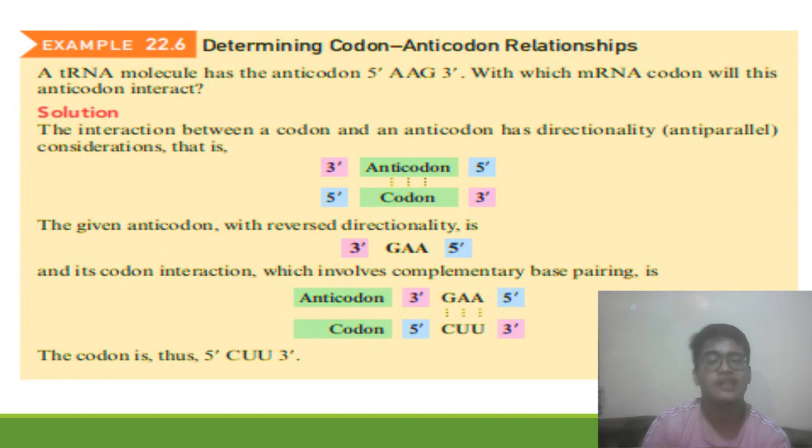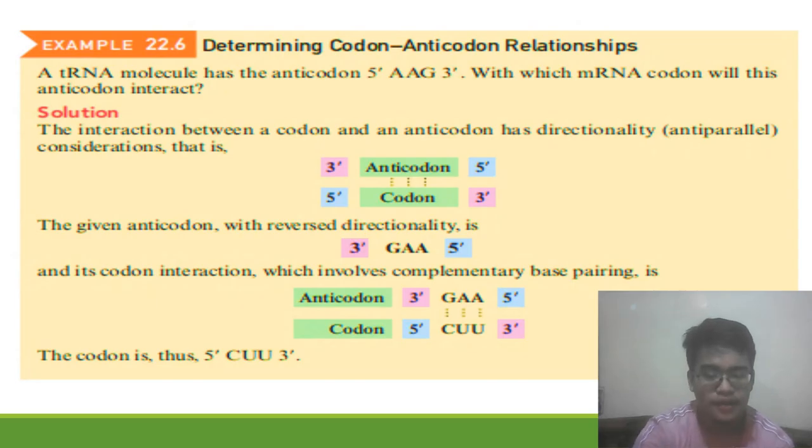So the given anticodon with reverse directionality is 3' AAG 5'. And its codon interaction, which involves complementary base pairing, is as follows. The anticodon is 3' AAG 5'.